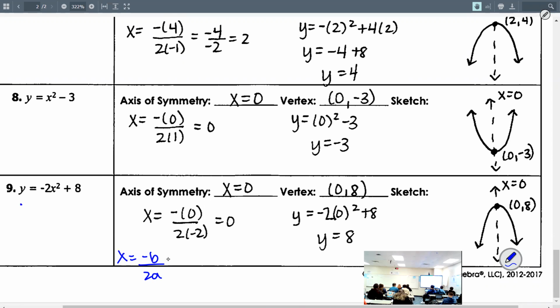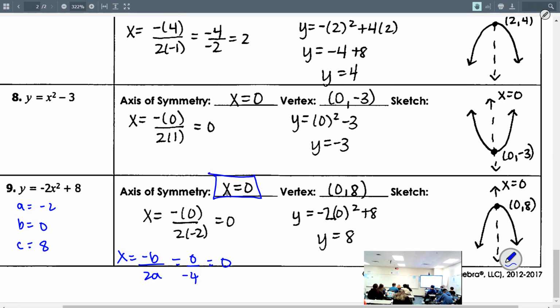I don't think in the past that I have given them this formula. So just write it down every time and then plug it in. All right, but you should have identified A as -2, B as 0, and C as 8. All right, so -B, -0 over 2 times A, -2. We get 0 divided by -4, which is 0. All right, so that gives you the axis of symmetry.